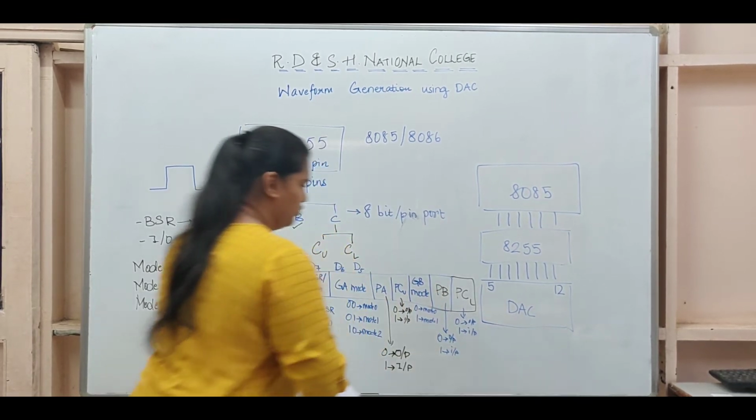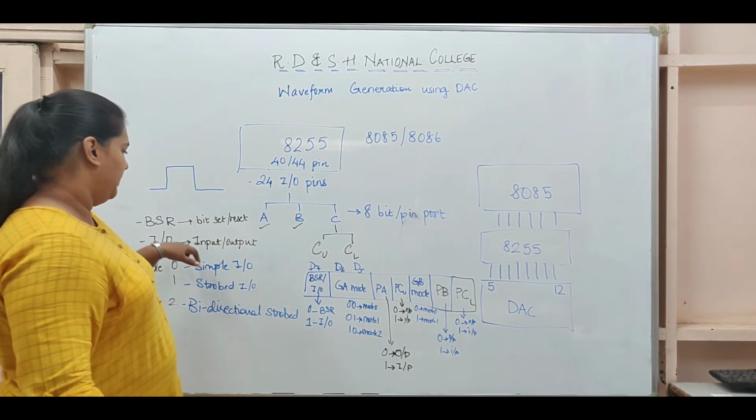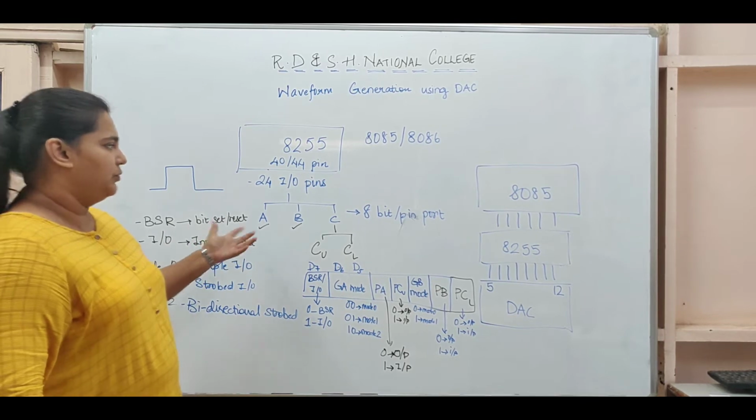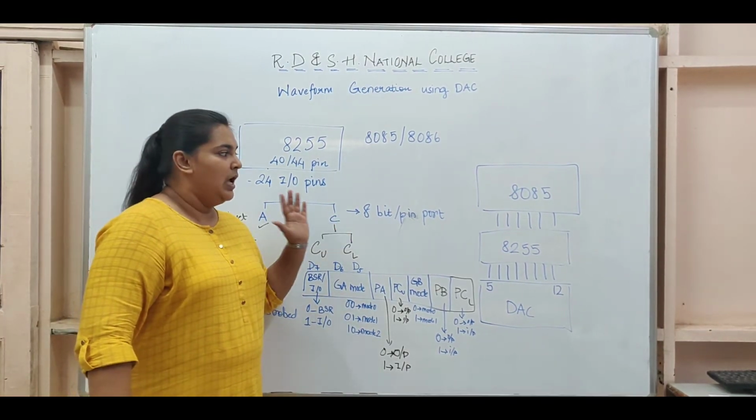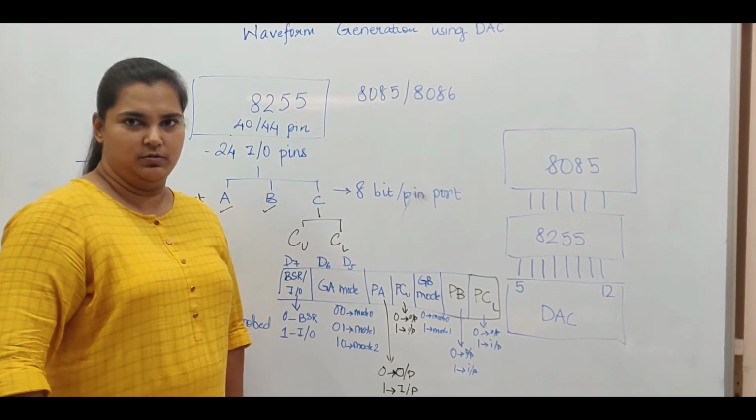So this is the control register. Depending on my mode, and depending on whether input or output, and which port to use, I will define what value I give to my microprocessor.